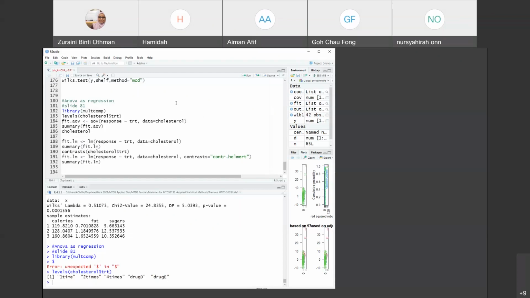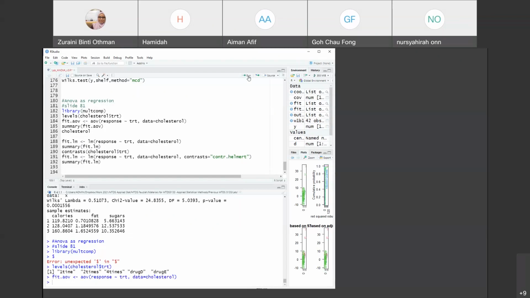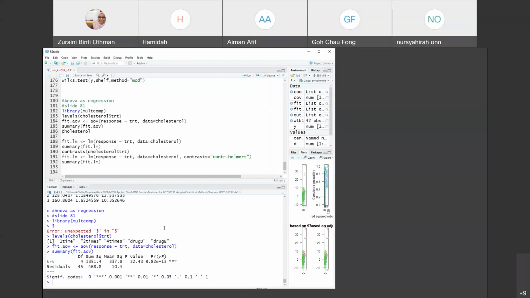Now we want to see the response of trt in this cholesterol data in the analysis of variance. Here is the summary of the fit. We can see it is significantly different.